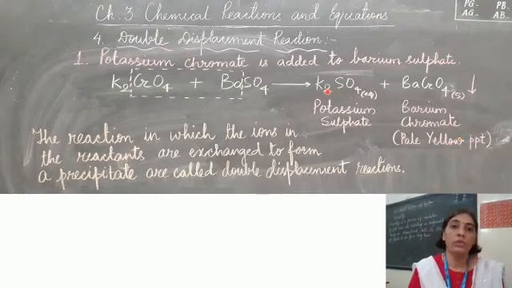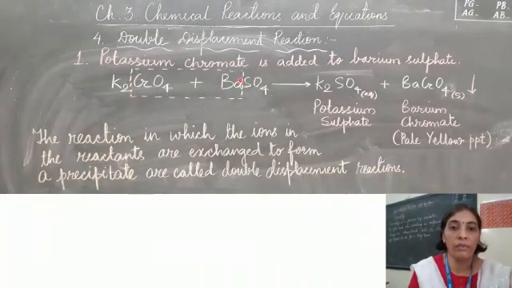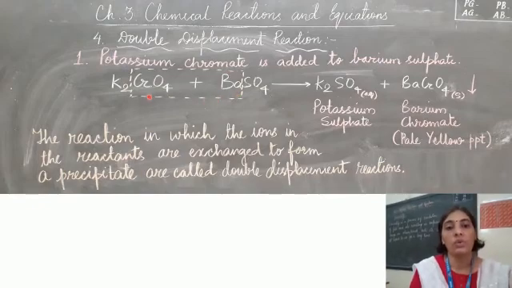Okay, now we come to how these products are formed. So this is another box that I have made for you that will make things easier for you to remember the products. In one of the previous slides, we had discussed how the rearrangement of atoms takes place if we have both types of ions in the reactants. So here the positive of the first combines with the negative of the second. So accordingly, K2SO4 is our first product. Now how did we get K2SO4?